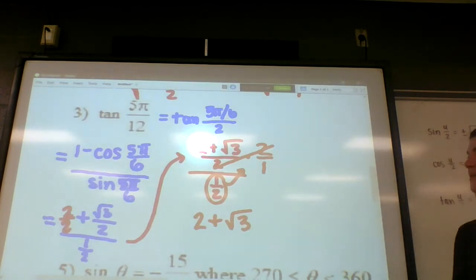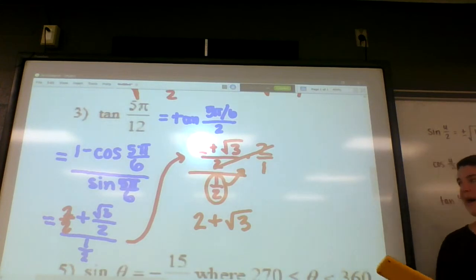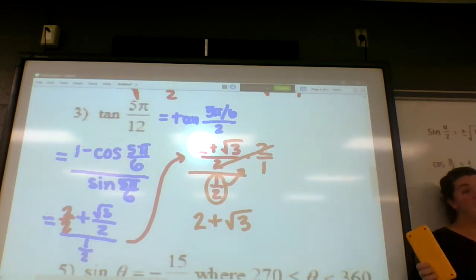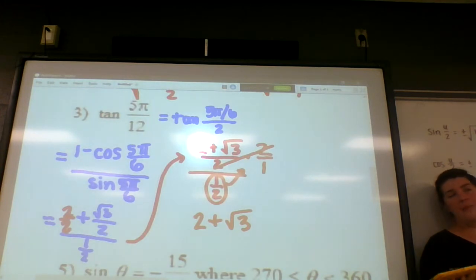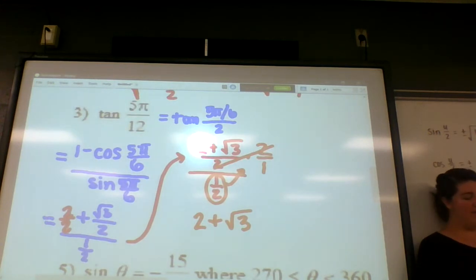And let's check it to make sure we're right. So I want to do the tangent of 5 pi over 12. Now, one thing I have to do is change the mode. So hit mode, go back to radians. Then tangent 5 pi over 12. Do y'all know where the pi button is?